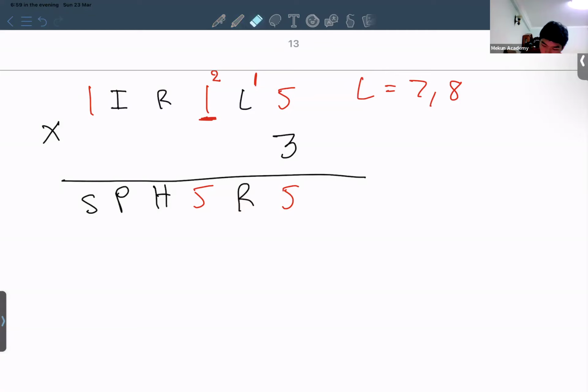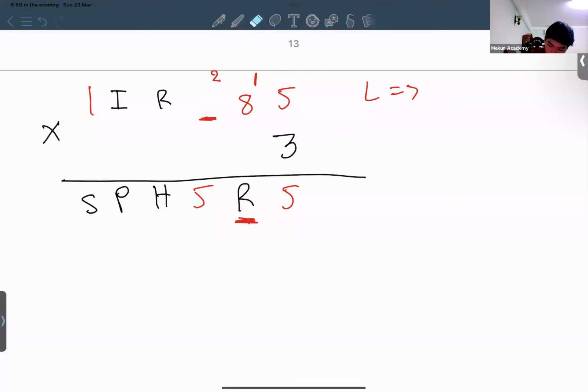So what if L equals 8? So from this I replace L by 8. When 8 times 3 you'll get 24, but then the carry from the last digit which is 1, so you'll get 25. But R here cannot equal 5 because R and E are different numbers. So L cannot be 8. So what if L equals to 7?